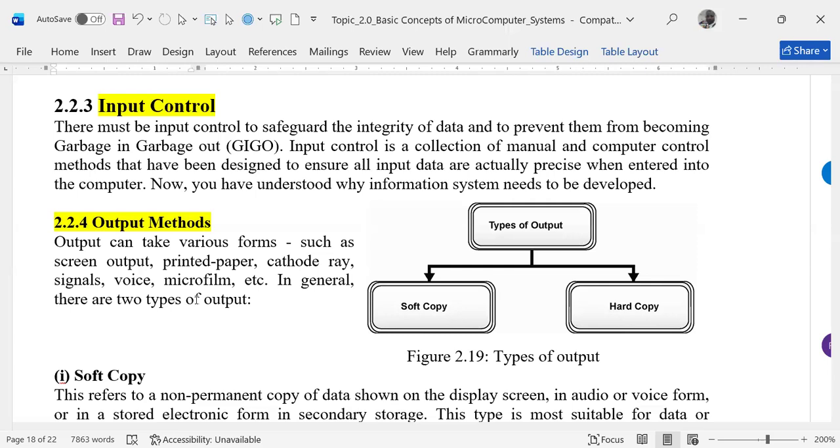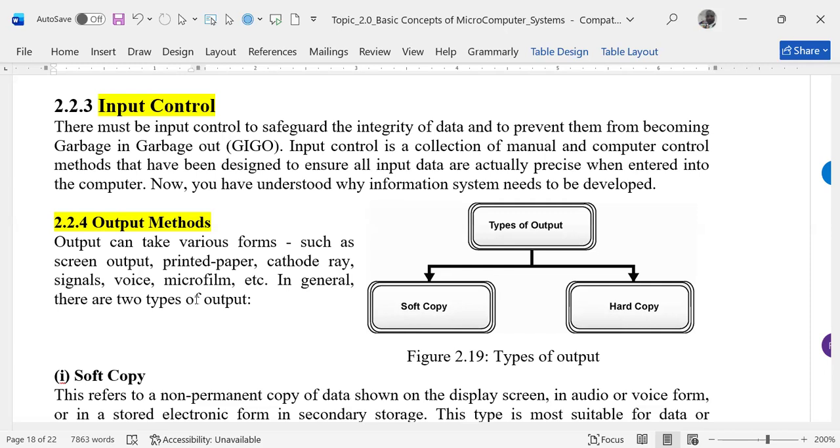Soft copy is the one that can also be seen but cannot be touched. These copies could be on the screen, could be voice, or signal. These are all types of soft copies. The disadvantage of soft copy is that the system takes time before it gets ready. It might not be available immediately when needed. For example, you want to retrieve something.